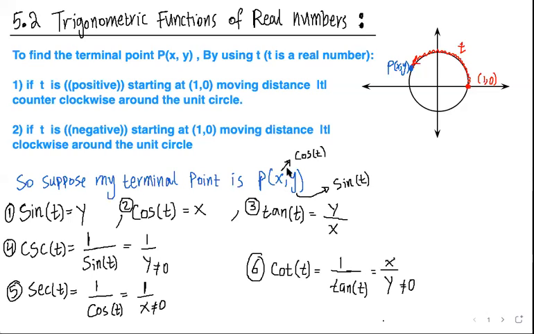You just have to know that the x coordinate of my terminal point is the cosine function of t, and the y coordinate is the sine function of t. We don't need the reason.